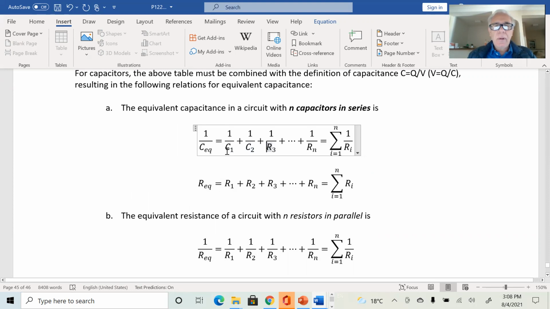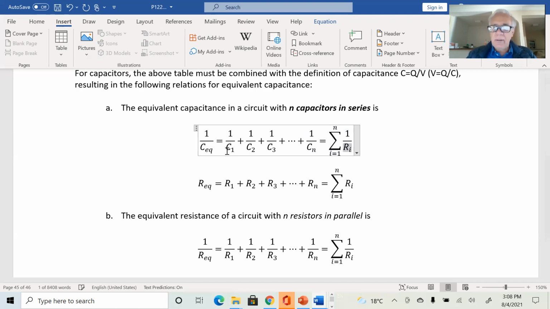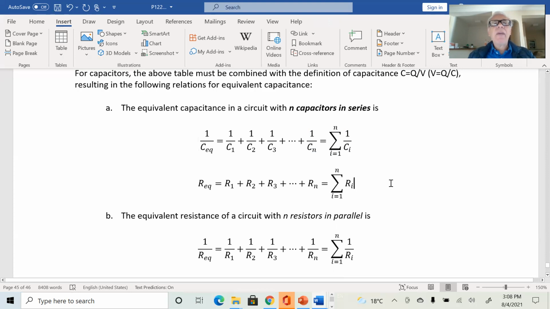I'm going to leave the equation for resistors there so you can compare them side by side. For resistors in series, you sum up the resistances; for capacitors in series, you sum up the inverse of the capacitance.